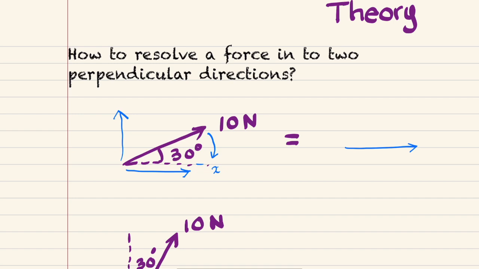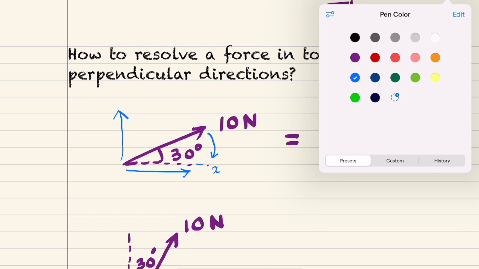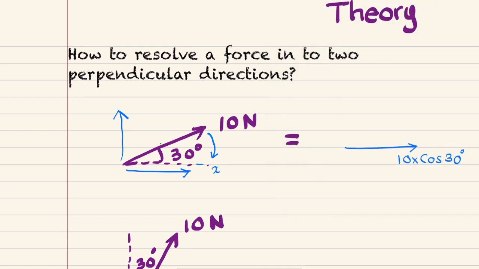The horizontal component of this 10 newton force is 10 multiplied by cos 30. The vertical component, along the y direction, is 10 multiplied by sine 30.